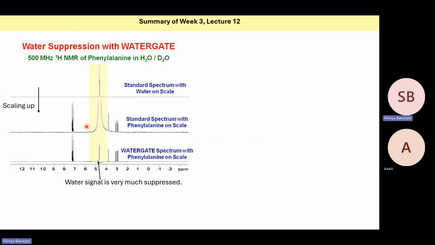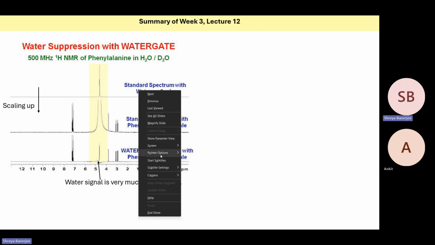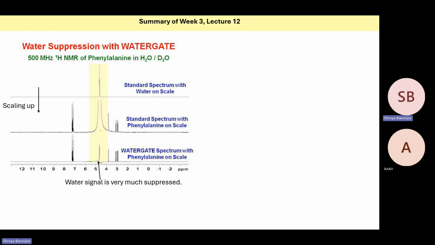This broad peak is the peak of water. If you keep increasing the intensity, you are scaling up the spectra till your other peaks are visible. The problem is that if there is any peak hiding below the water peak, you can't see that. It is completely masked by water.